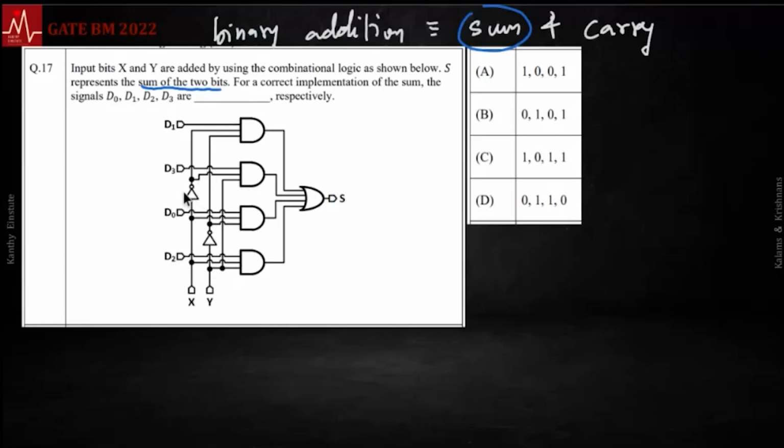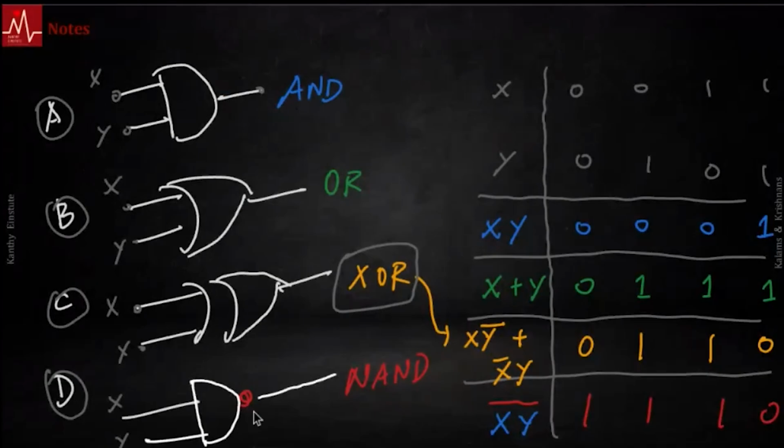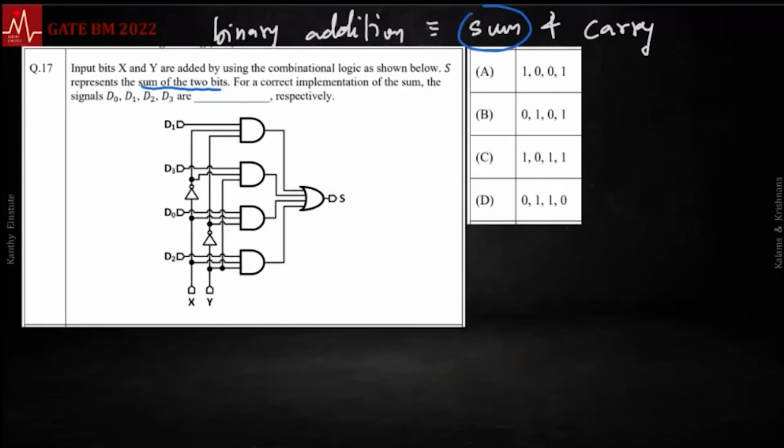And one more thing, there is a triangle with a dot. That is our NOT operator. Sometimes you put a triangle, an arrow with a dot. That's a NOT operator. Let me highlight the NOTs over here. There are two NOTs. Be careful about it.